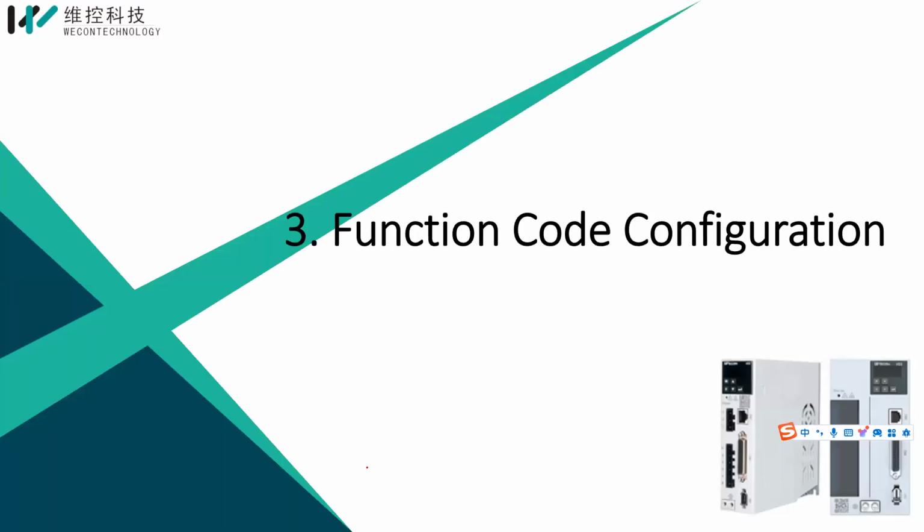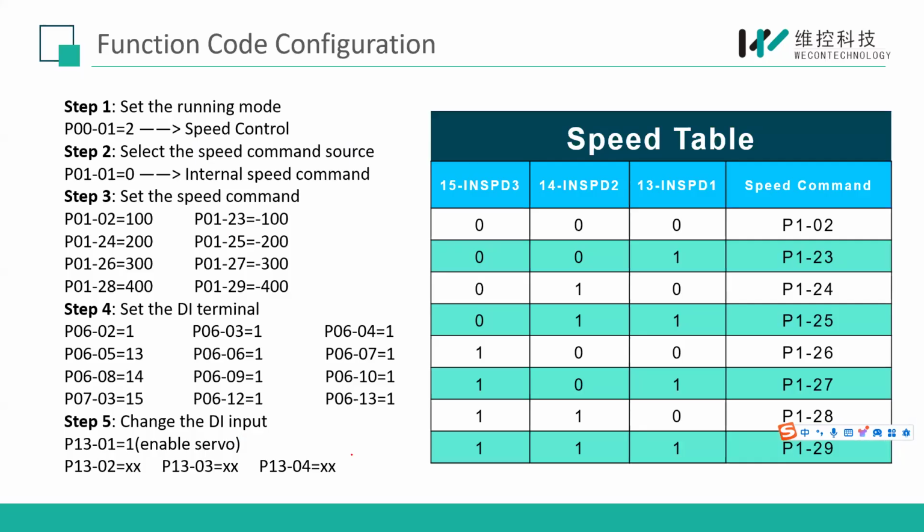And part 3, the function code configuration. Now let's do a brief summary. You can see this picture. The first step is to implement the terminal speed command required to configure the servo for speed mode.